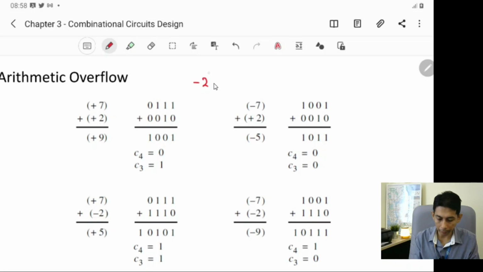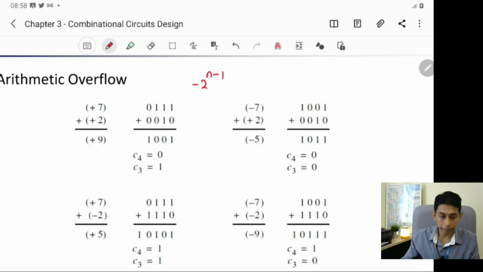The negative limit is minus 2 power of n minus 1, and the upper limit, or positive side, is 2 power of n minus 1, minus 1.